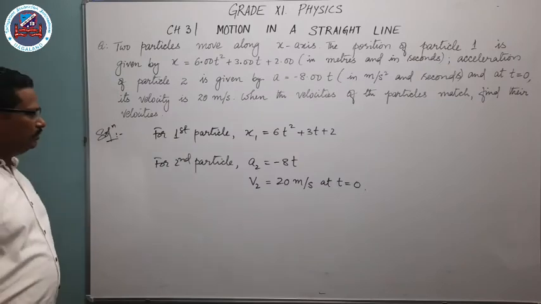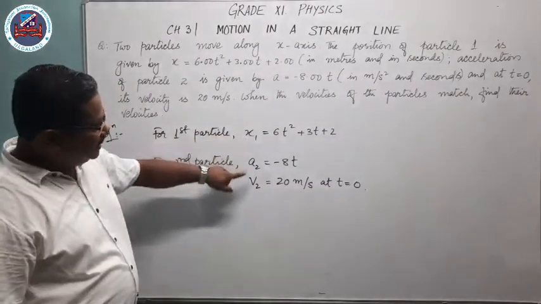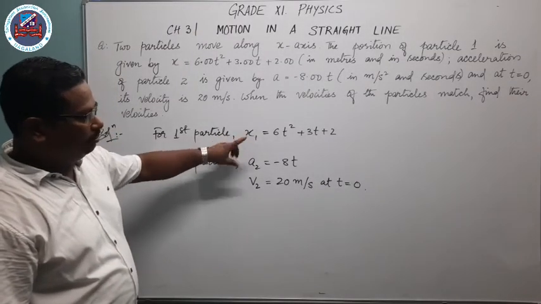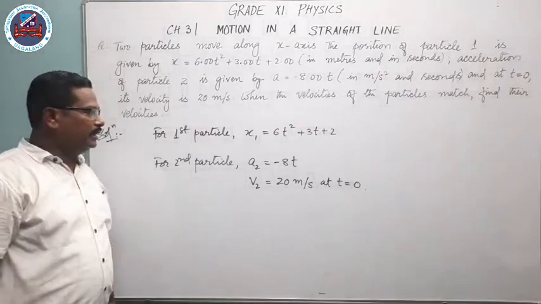So now what you will have to do is, change this position into velocity, change this acceleration also into velocity, and then we'll equate both of them, then we'll get their velocities individually. Let us see one by one.